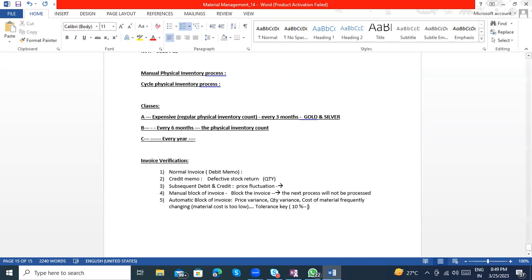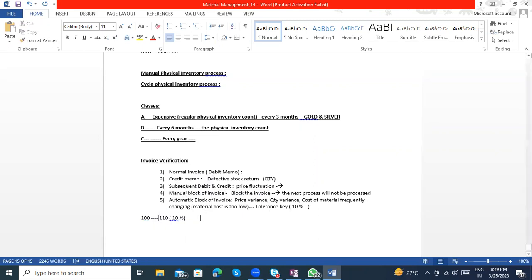So you can mention what tolerances we can accept. You know the meaning of tolerance, right? Anyone? What is the meaning of tolerance? If I ordered 100 pieces and I received 110 pieces, and I mentioned 10%, I can accept the tolerance. That means out of this 100, I'm adding 10%, so until 110 quantity I can accept.